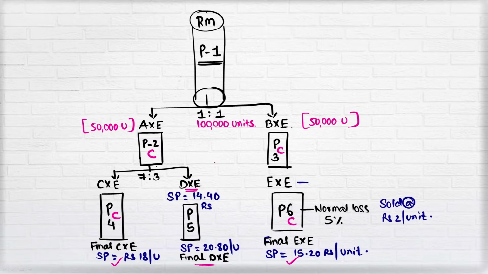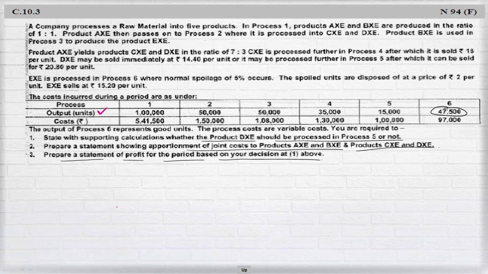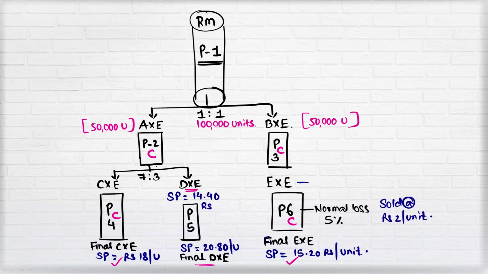What will be input in process 3? 50,000 units. What is output in process 2 and 3? 50,000 units. So what is the loss in process 2 and process 3? Nothing. Input in process 2 was 50,000, output is 50,000. Input in process 3 is 50,000, output in process 3 is 50,000. All right.